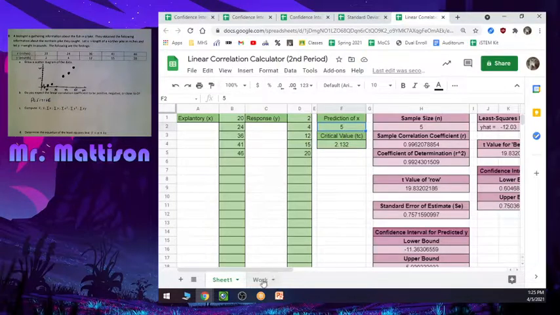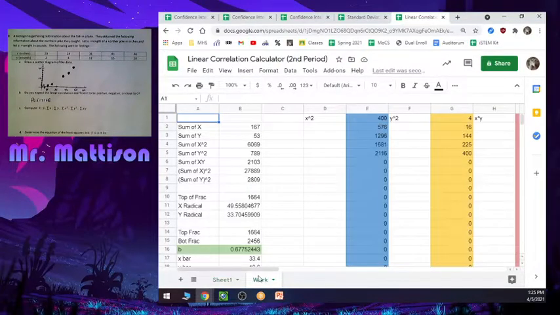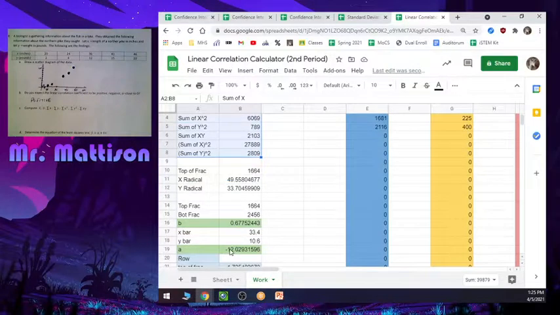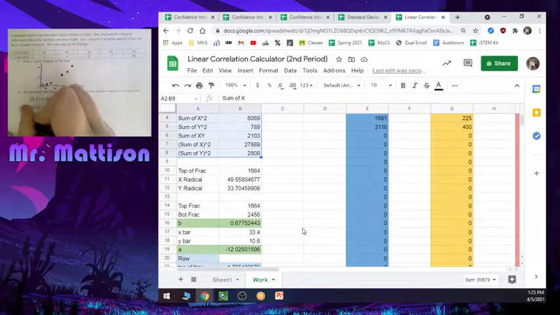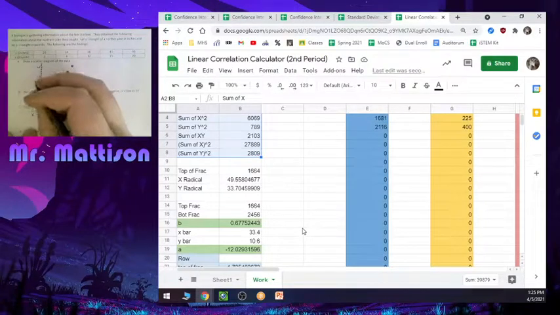If I go to my worksheet, which is where you probably have all of yours, here's my sum of x through sum of y squared. That's effectively what I'm being asked here. Also what my x bar is, which I believe is down here, and my y bar. So x bar ends up being 33.4.